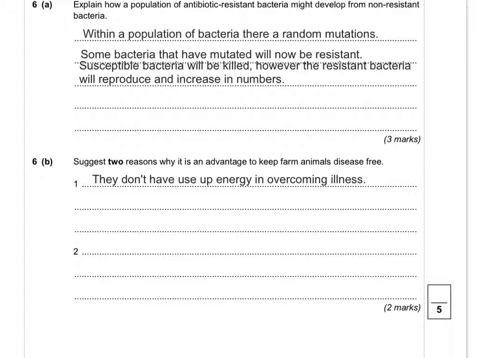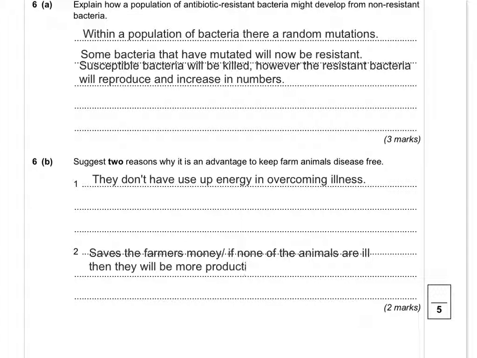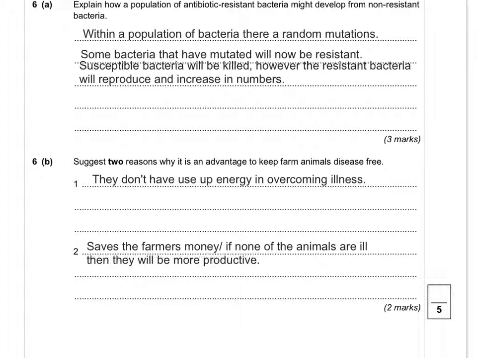And the other thing could have been any economical reason, so it could have been it saves the farmers money, or you could have said if none of the animals are ill, then they will be able to produce more product, so they'll be more productive. Those are the points that are on the mark scheme for it, folks.